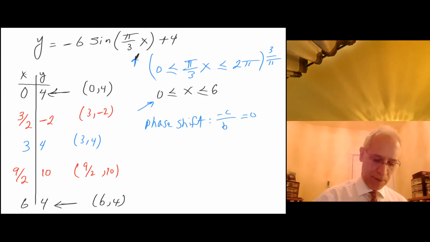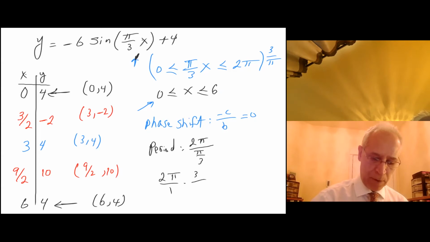And we said that the period is going to be 2 pi over b, in this case, over pi over 3. So that's the same as saying 2 pi over 1 times 3 over pi.